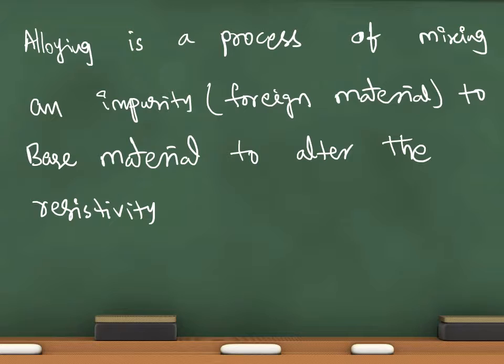Alloying is a process of mixing a foreign material to base material, that is the definition. But in our special case, why are we alloying? To alter the resistivity of the material. Basic alloying means adding a foreign material to base material.